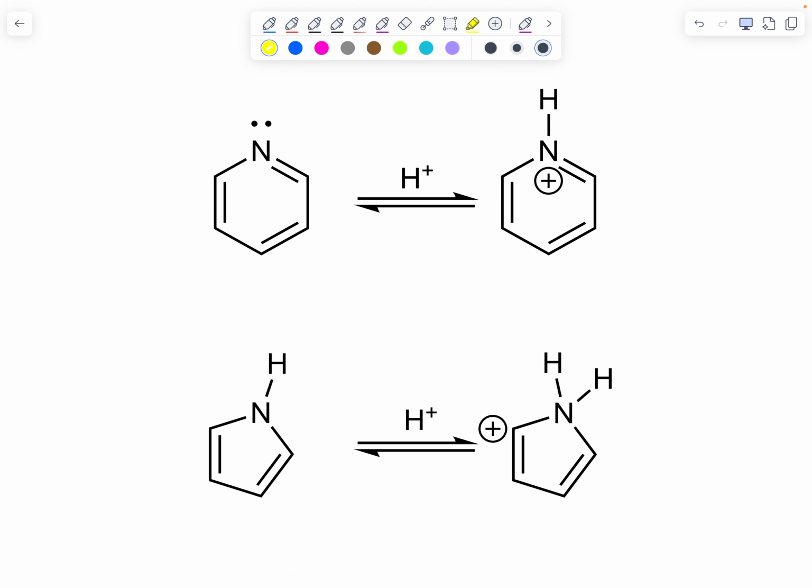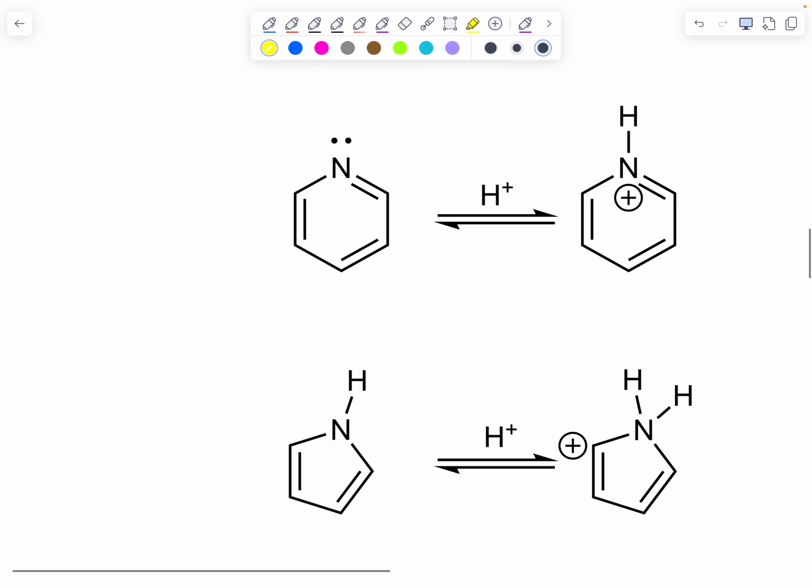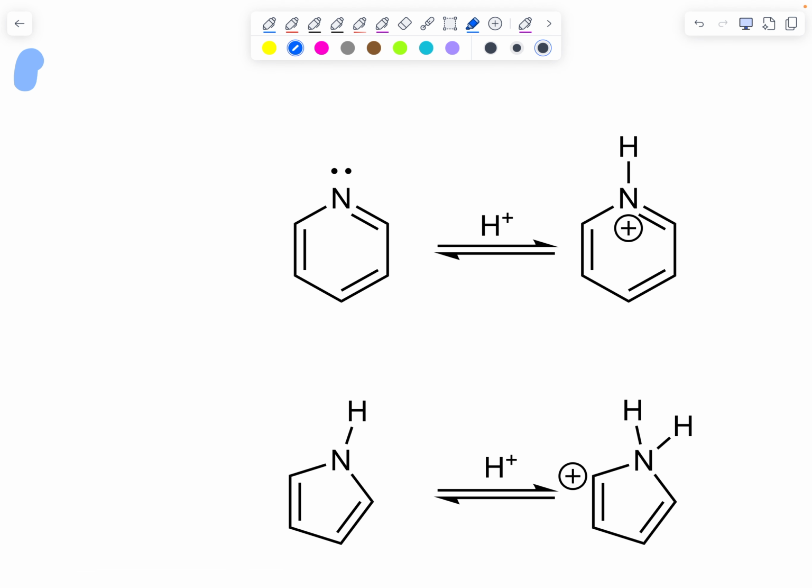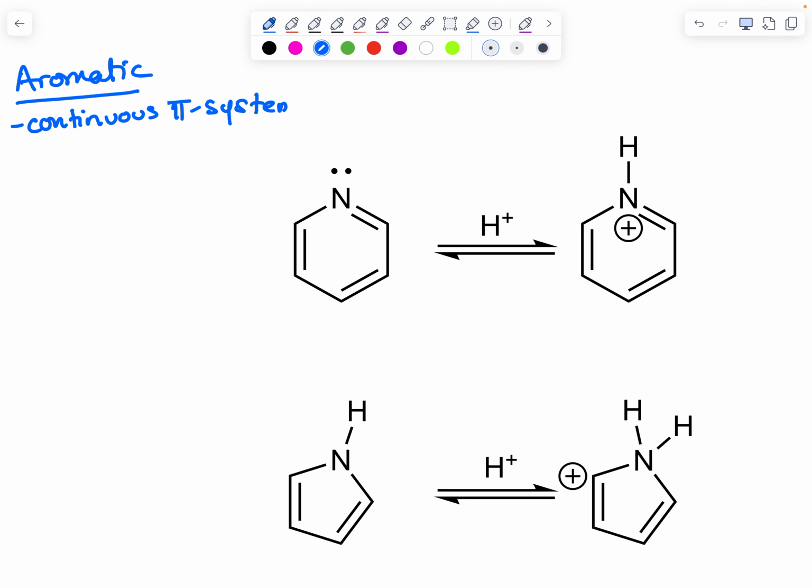So the pKa for pyridine's conjugate acid, you do not need to know these numbers, is 5.2. That's a moderate acid, right? It's not a strong acid, it's moderate, which means it will pretty readily go back and forth in this equilibrium, depending on the pH of the solution, but relatively speaking. Would it surprise you that the pKa for the conjugate acid of my other amine down here in pyrrole is 0.5?